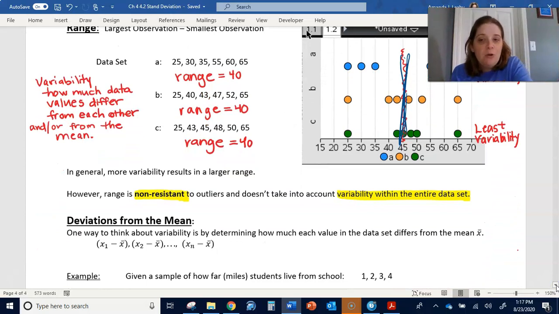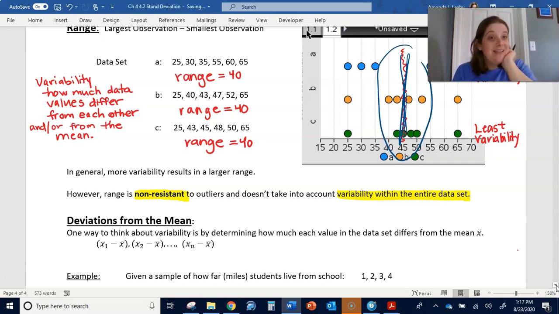In general, more variability means you have a larger range. But sometimes that's not a good enough measure to get the full picture of what's going on here. I would like to be able to say what the data looks like in the center around the mean. Range happens to be one of those non-resistant statistics.